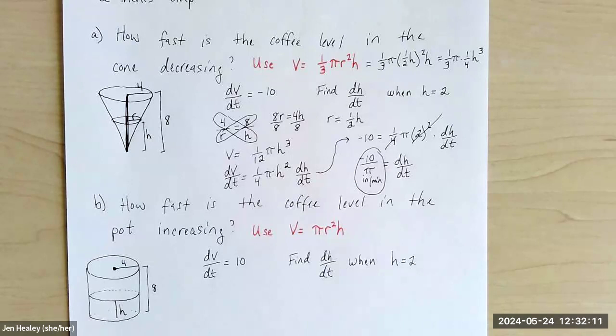Now, in terms of the r scenario in this problem, we still have a problem in that I have too many variables. When I go to take the derivative of this, I'll have a dr dt and a dH dt, and I don't want the dr dt.